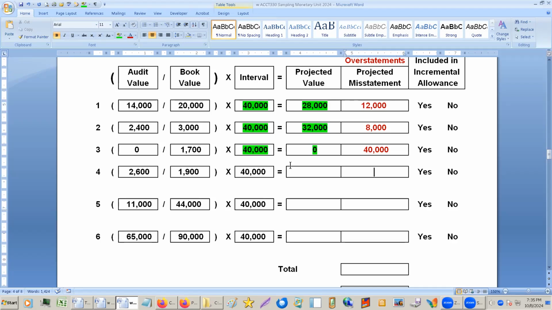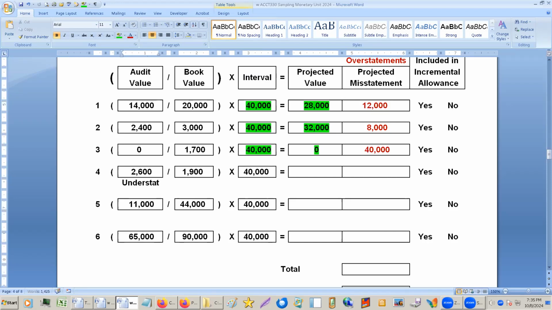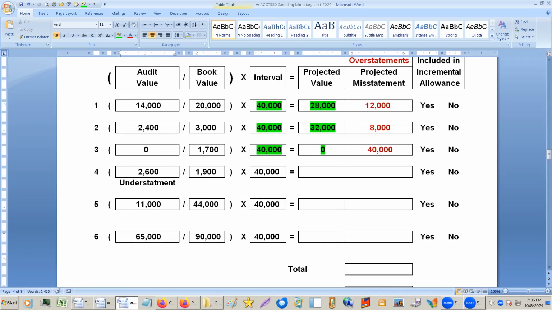What's odd about number 4? That the book value is less than the audit value, so that means this account is understated. Yep. This is an understatement.